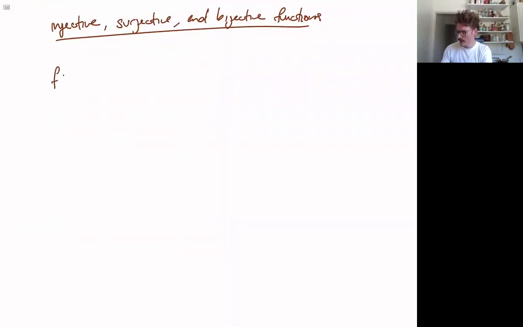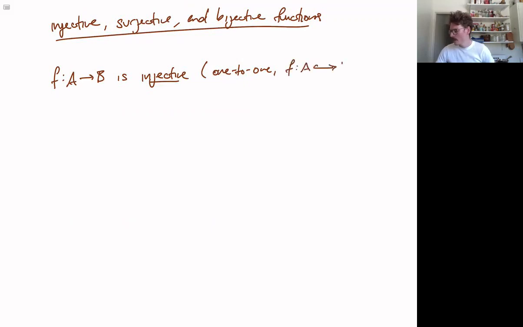So a function from a set A to a set B is injective, aka one-to-one, though this shouldn't be the only way that you say it.